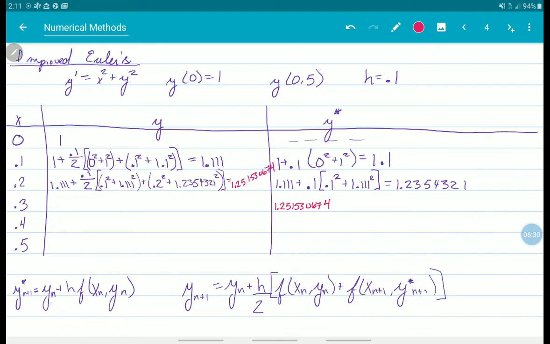So it's the last y sub n plus the step size times the last x squared plus the last y squared. So I got 1.412163576.